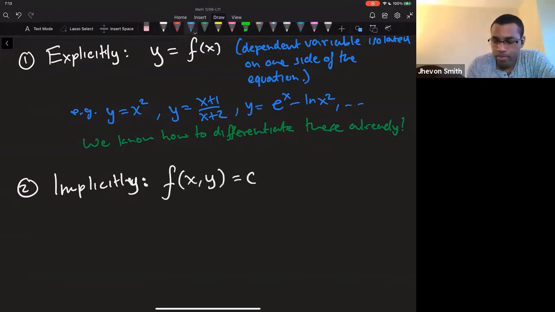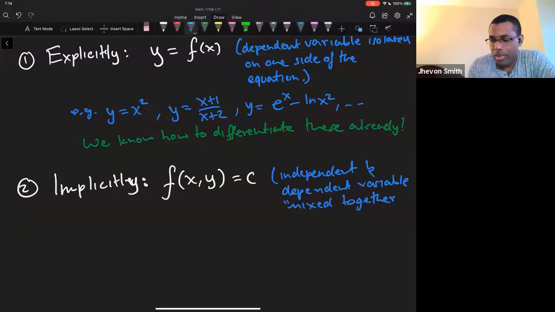So independent and dependent variable mixed together. I don't know how else to say it, mixed together. So you don't have the y isolated very nicely, explicitly out in the open on one side. You have your x's and y's kind of mixed up.